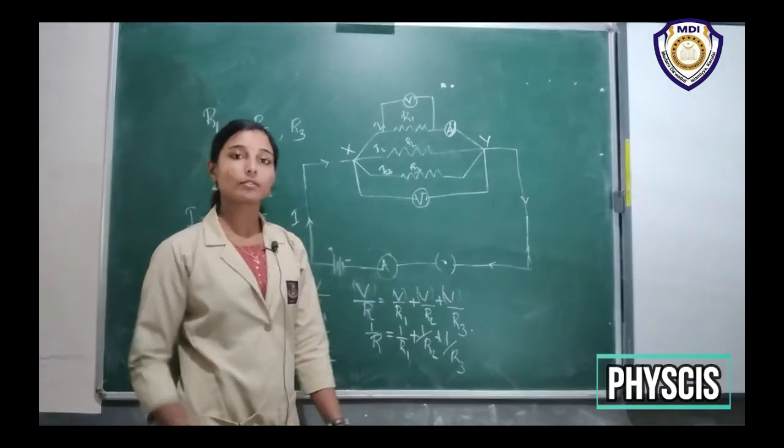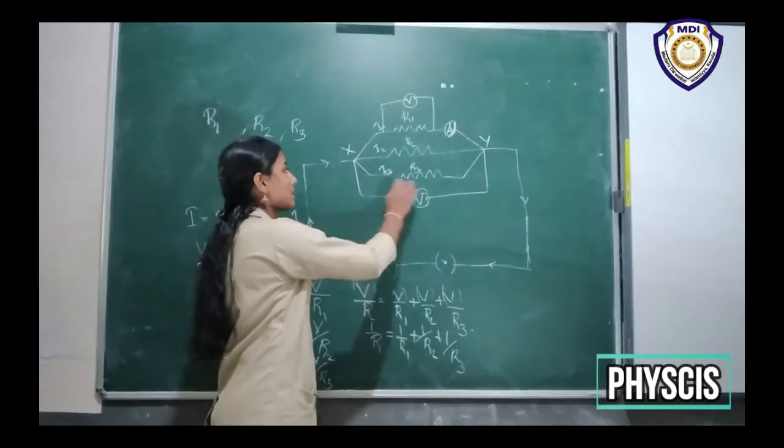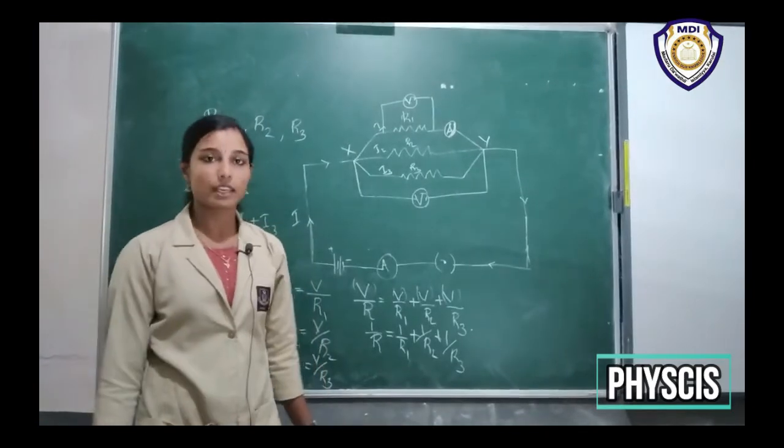Then the individual voltage and current through the third resistor also we can find.